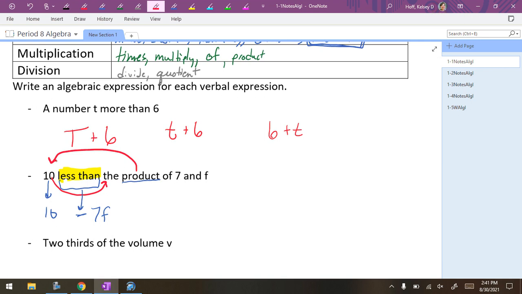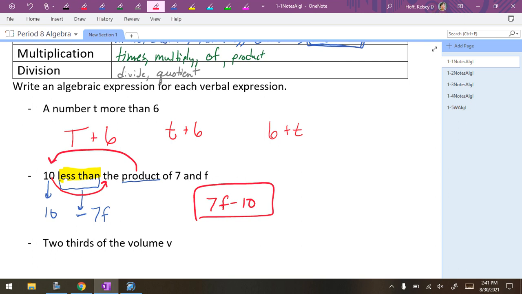So really our expression is 7f minus 10. Because we need 10 less than 7f, first we have to know 7f, then we'll take away 10 from it. Subtraction, the order you have matters. So if you have 10 minus 7f, I cannot give you credit. I always write it that way, and then before I circle my answer, remember, with less than I have to swap.